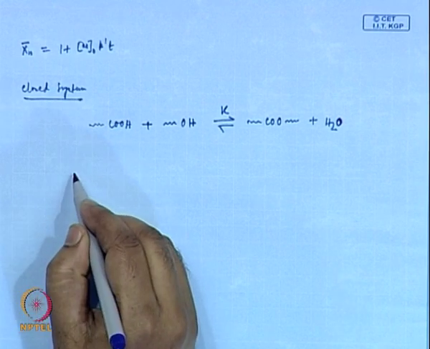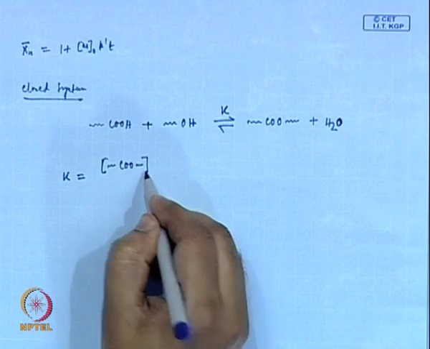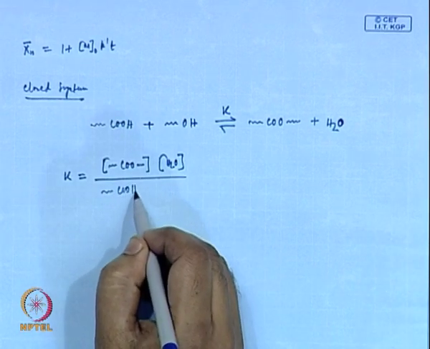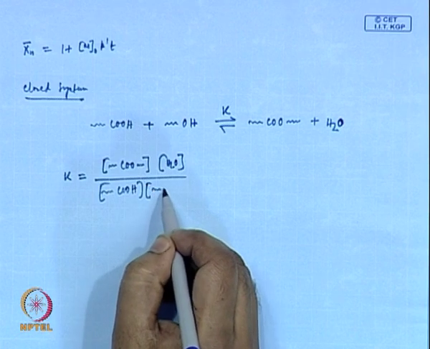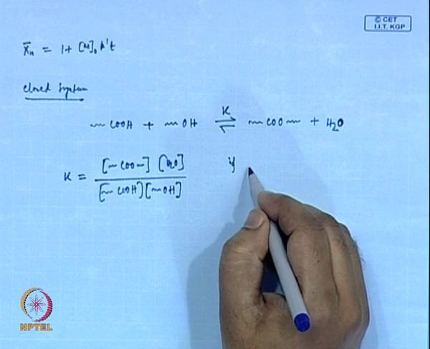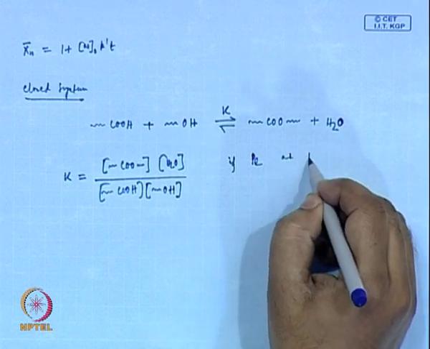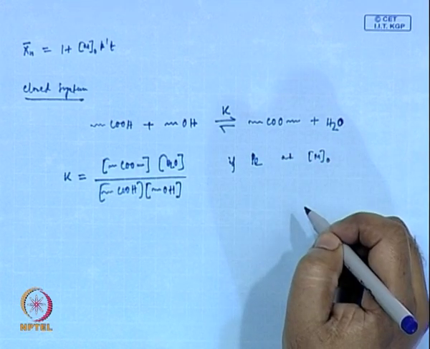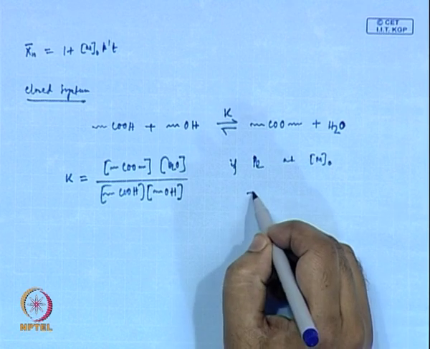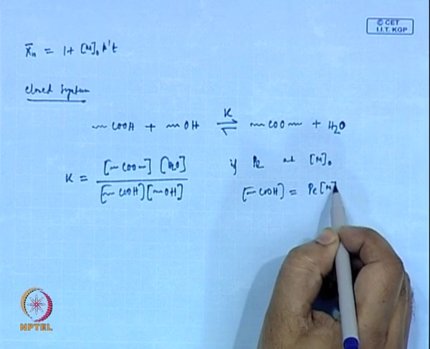So, the equilibrium constant can be written as follows. If the conversion at equilibrium is say Pe in this case, and M0 is the monomer concentration at the beginning at T equal to 0, then at equilibrium what is the concentration of COOH?